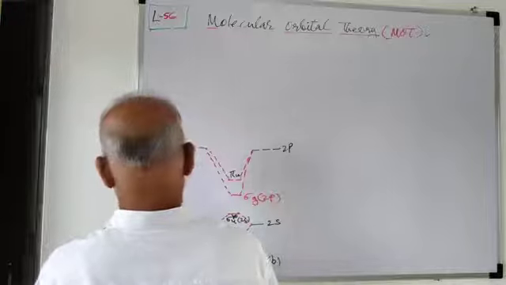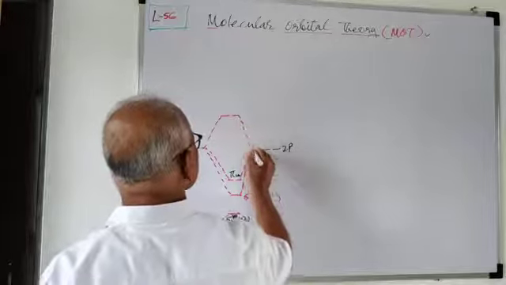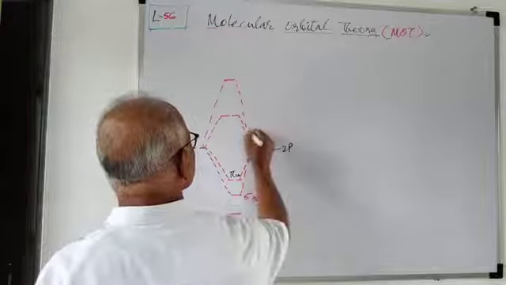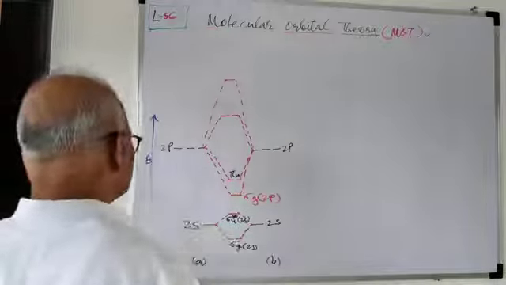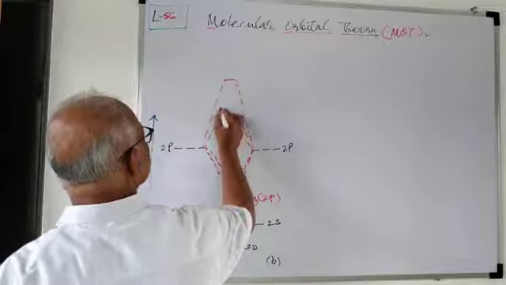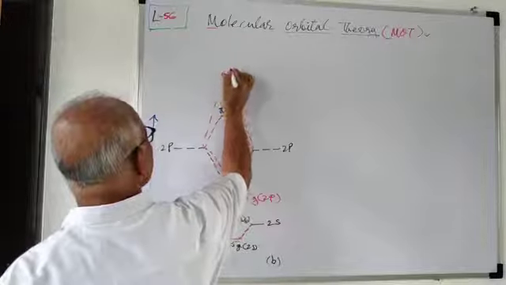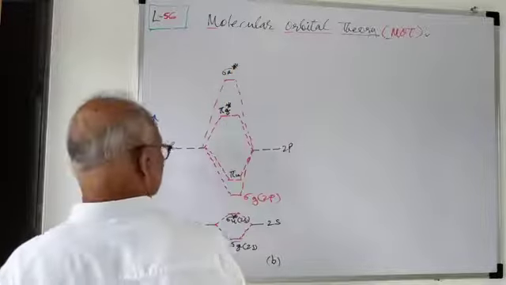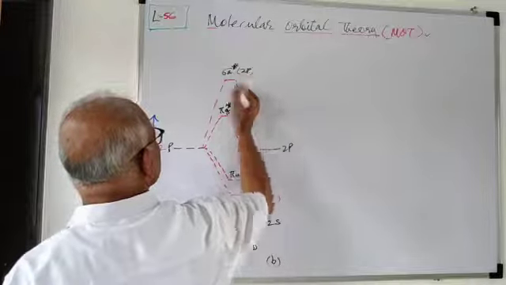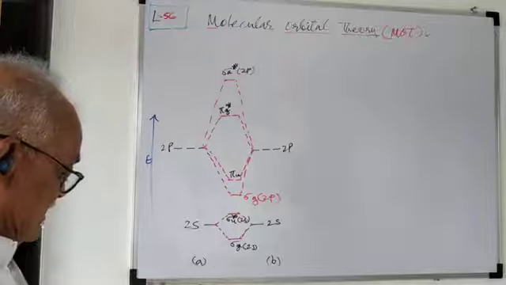Then there are the pi g star symmetry molecular orbitals, and this is the sigma u star symmetry orbital, obtained from 2p orbitals.